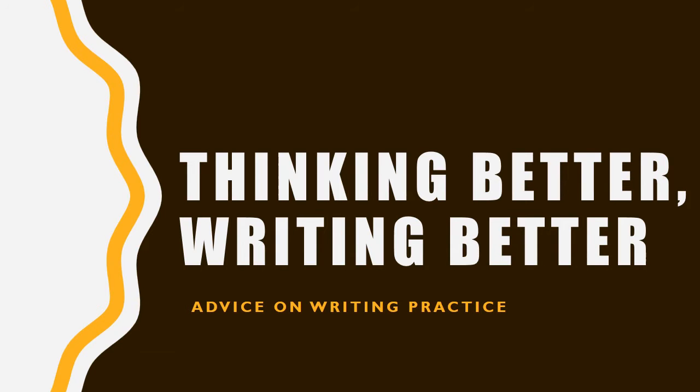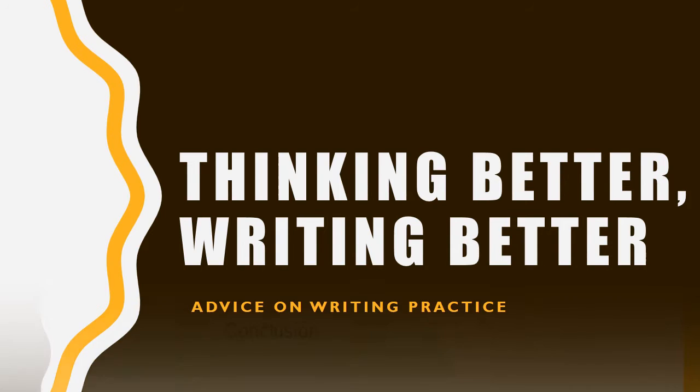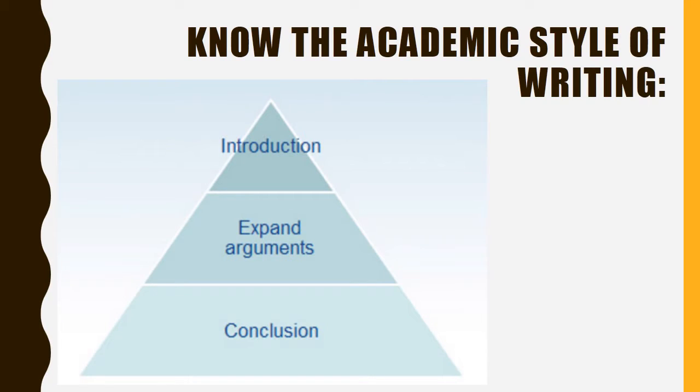Now, since we're talking about the IELTS academic, the first thing you need to know is the academic writing style. Take a look at this pyramid. Consider this a model for each paragraph you write in the IELTS. Start by an introduction, for example, saying your main idea is in one sentence, clearly and to the point.